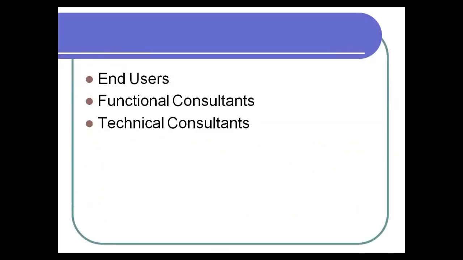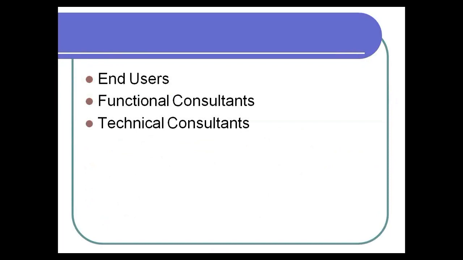So talking about the different types of users in SAP, we have three types of users basically. We have end users, we have functional consultants, and we have technical consultants. End users are people who are the actual workers in your organization. For example, if you are working as a sales representative in the company, then you'll be using the SAP system to take your orders and stuff like that.